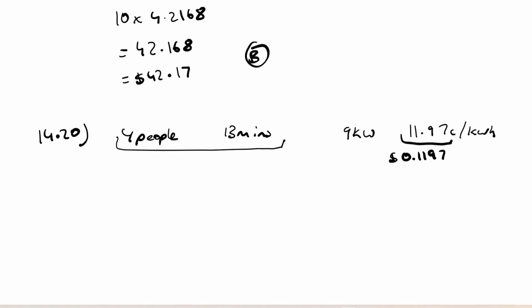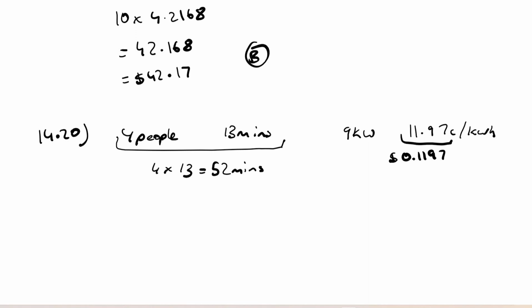If we had 4 people each using it for 13 minutes, we'd have 4 times 13. So 4 times 13 is 52. So that's 52 minutes per day.